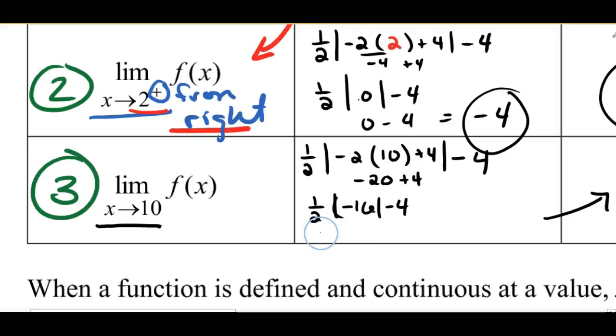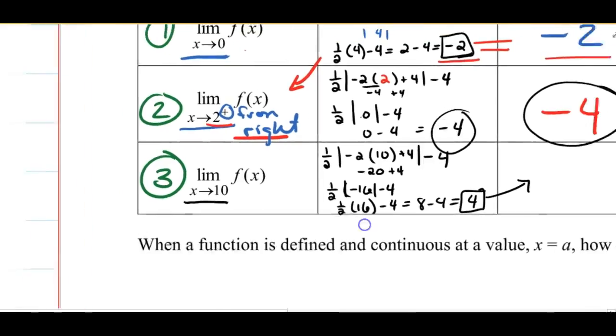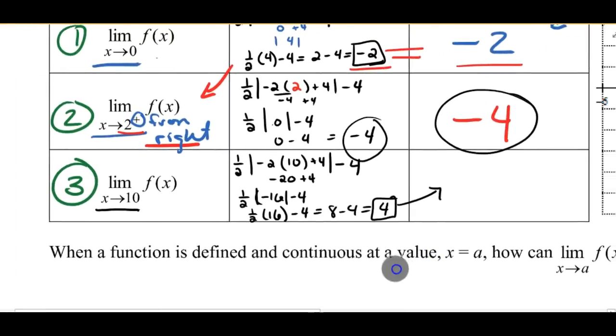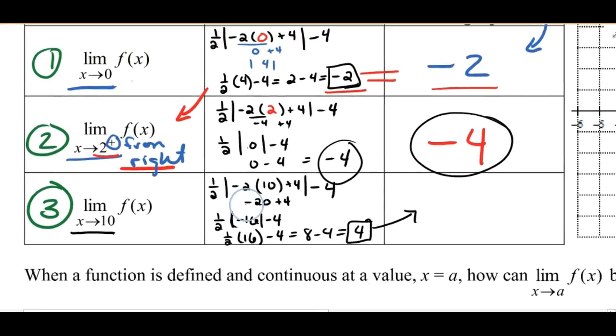Absolute value of -16 is +16. 1/2 of 16 minus 4 equals 8 minus 4 equals +4. So my hypothesis is that my limit as x equals 10 would also be 4.